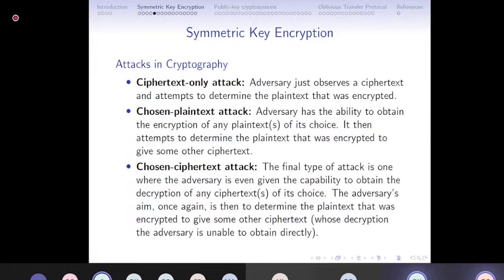That means based on his or her choice, the adversary sends ciphertext to the decryption method and converts it into plain text. Then he observes the plain text as well as the ciphertext, and by analyzing the plain text and ciphertext pairs, his or her aim is to derive the plain text from other ciphertext.